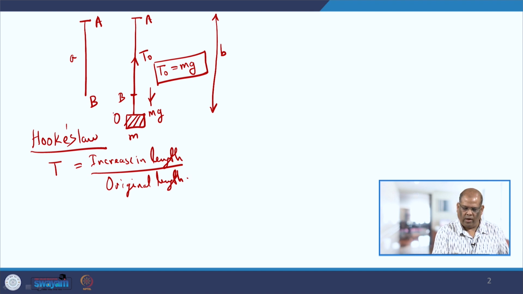So, basically if I say this point is O, this is the increase in length divided by original length, and there is a lambda, and this lambda is called the modulus of elasticity.